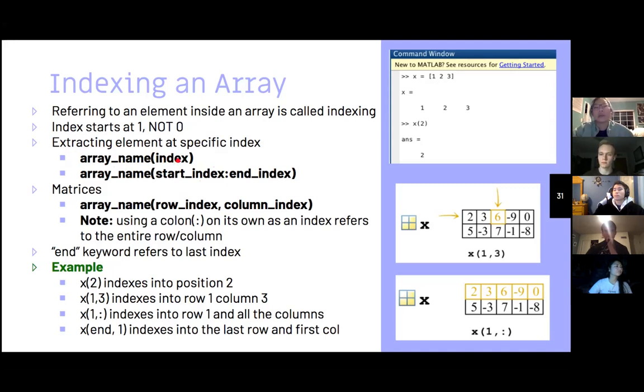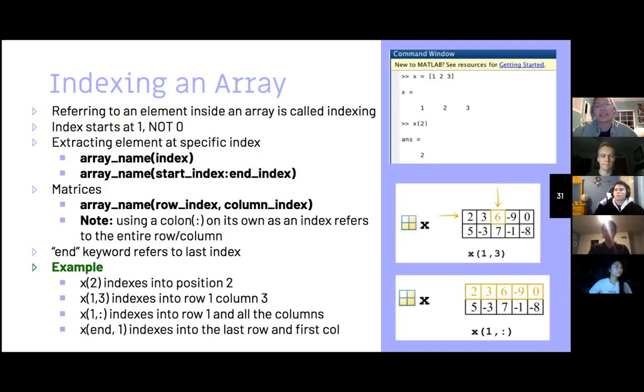If you want a range or a subset of your array, you can specify your start index, end index. For matrices, you want to specify your matrix name and then your specific row index and then column index. If you use a colon on its own, in replacement of these two parameters, it actually refers to the entire row or column.